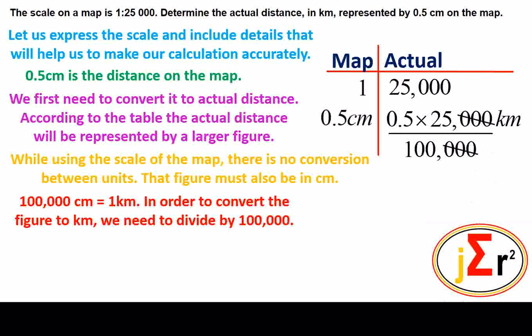Now, dividing by 100,000, we can see that we take a common factor, simplify by a common factor of 1,000. Right, so after simplifying by a common factor of 1,000, then this can be done mentally. We are saying 0.5 times 25.